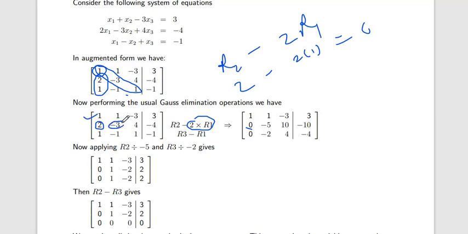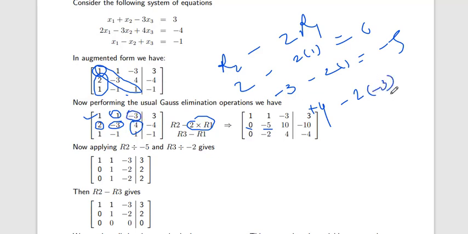Now let's talk about the second entry. R2 is minus 3 and minus 2 times R1 gives minus 3 minus 2, which is minus 5. Now the third column: R2 is 4, minus 2 times R1, which is minus 3. Minus times minus is plus, so 4 plus 6 is equal to 10. We also apply the operation to the right-hand side, not only to this matrix.